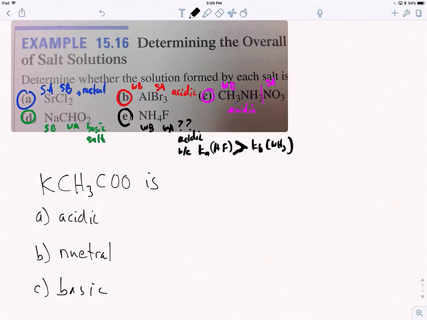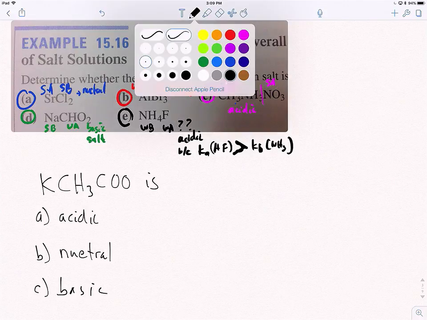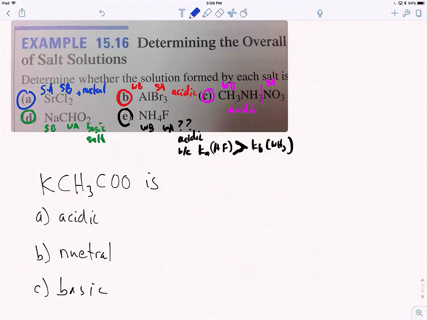So potassium is what? Does that indicate it's a strong base or a weak base? Why? Because it's an alkali metal? Yes.